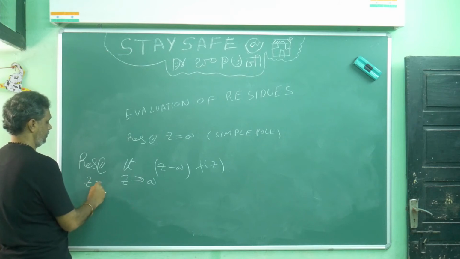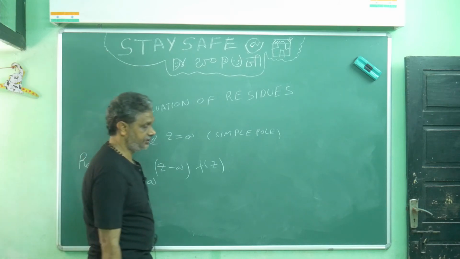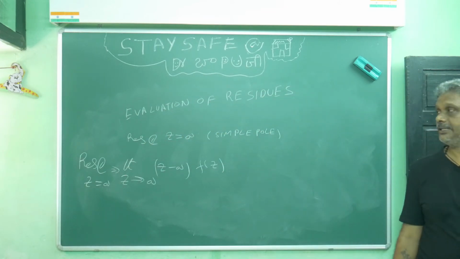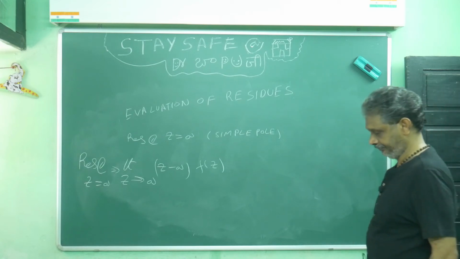This is very beautiful actually. In f of z, one (z minus a) is already there. That cancels, then you put z is equal to a, and nicely you will get the residue.